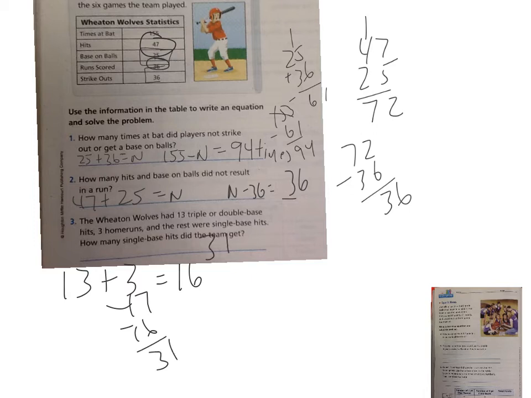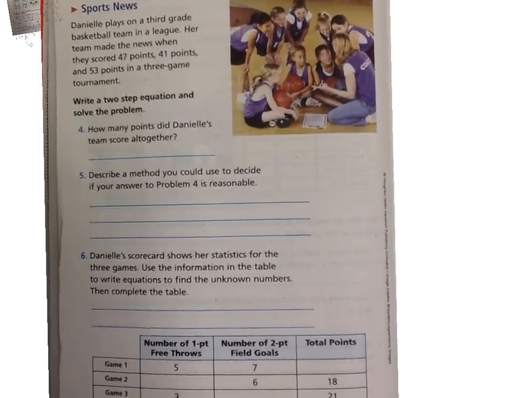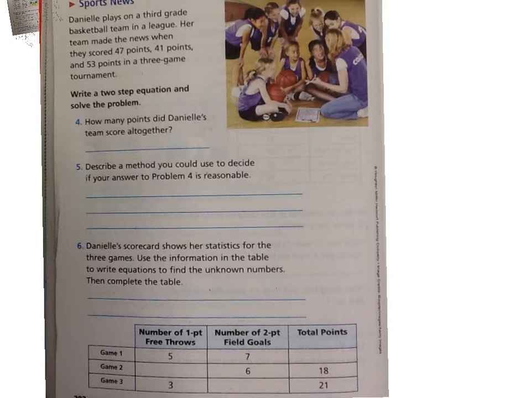So 31 single base hits. Alright, this is a really deep thinking worksheet, so we'll probably talk about it in small group, but it's multi-step, a lot of steps to it. So as long as you're getting the steps correct, then you'll get them right.